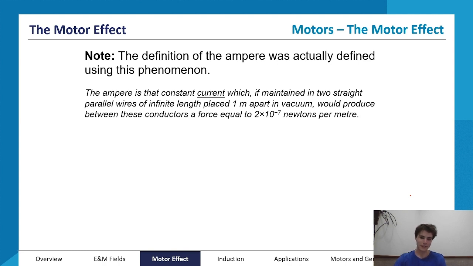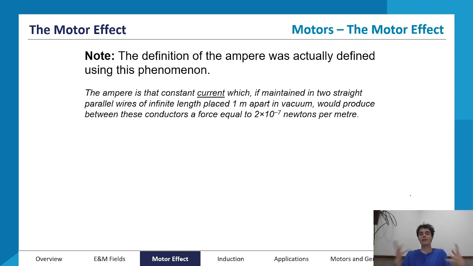So one fun little thing is this force that occurs between two parallel wires was originally used to define the ampere. This is the formal funky definition, so it's kind of whack.